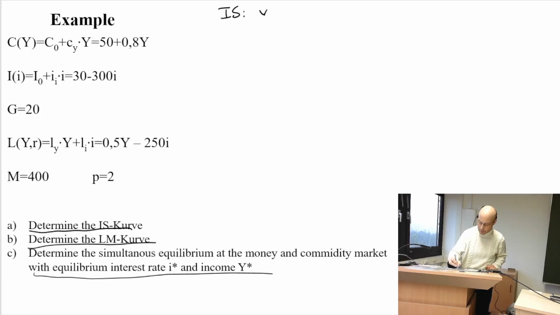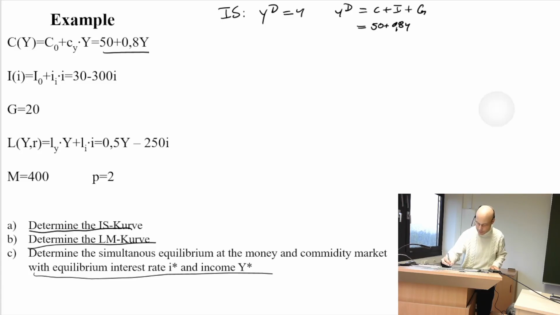So Yd equals Y, and then we just write down what is Yd. Yd was C plus I plus G. So we insert for C 50 plus 0.8 times Y, plus I, 30 minus 300i, plus G equals 20.